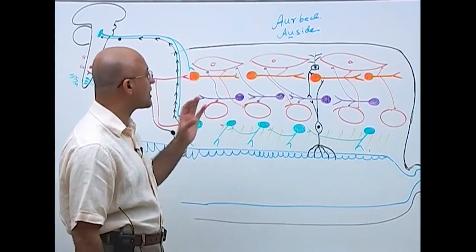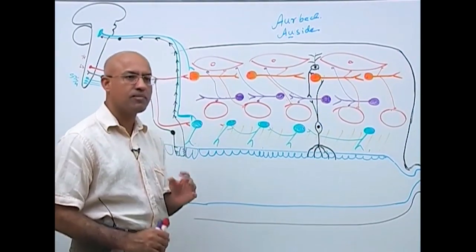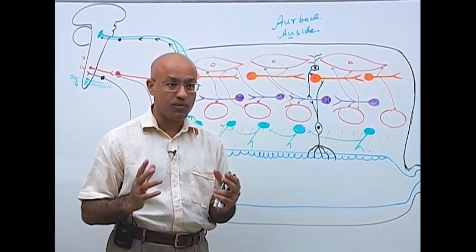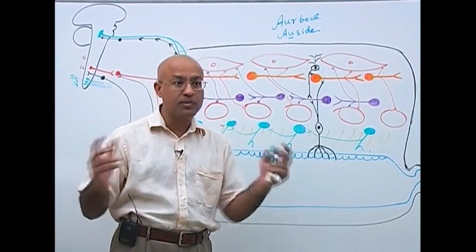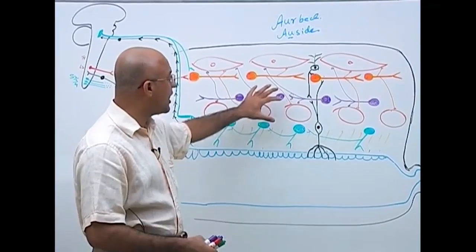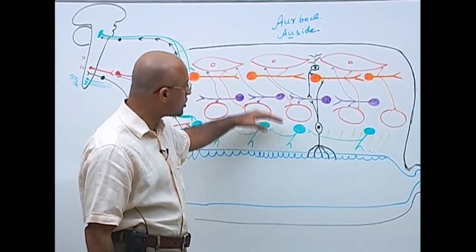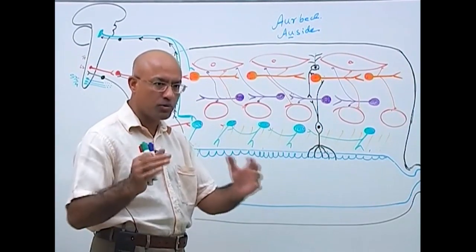Now let me tell you exactly how it works. Remember, the enteric nervous system can work independent of outside neuronal control. If you disconnect all the sympathetic and parasympathetic fibers coming to the gastrointestinal system, still these neuronal components, that is the submucosal plexus and enteric plexus, can work independent of the autonomic fibers.